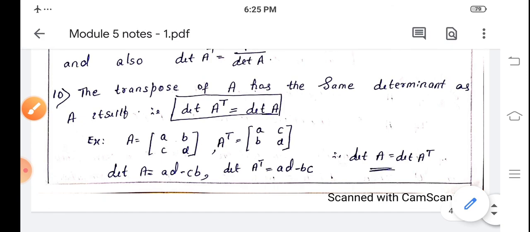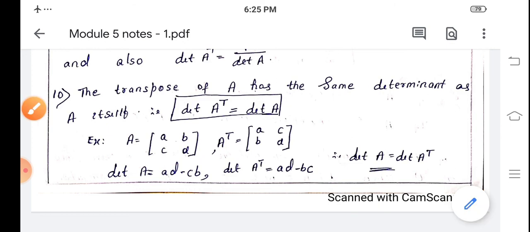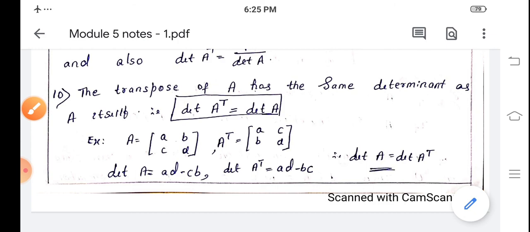To understand this, let us take one example. Matrix A equals first row a, b, second row c, d. Now the determinant of A is ad minus bc. If I write A transpose of the matrix A, first row is a, c, second row it is b, d.